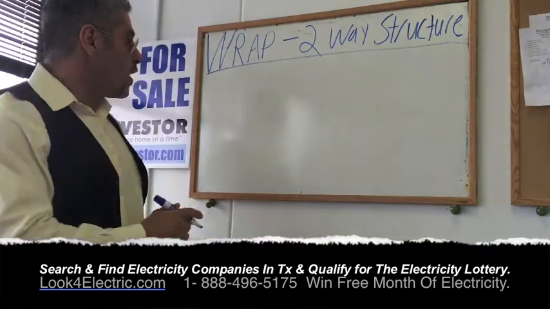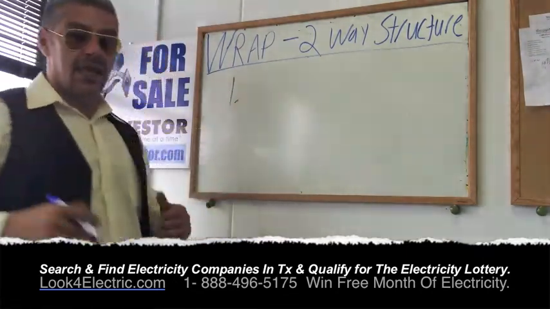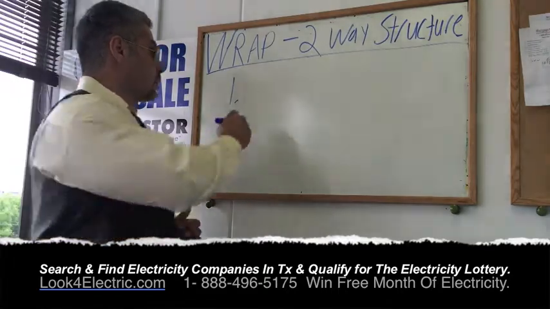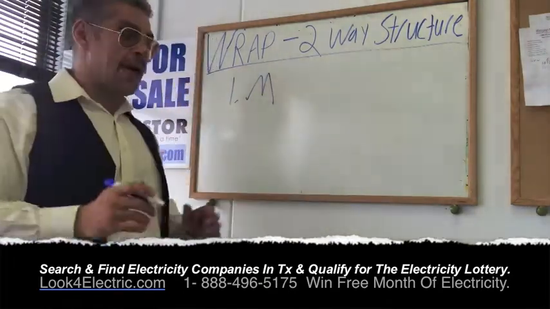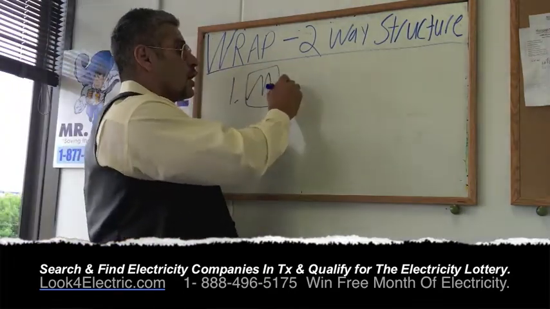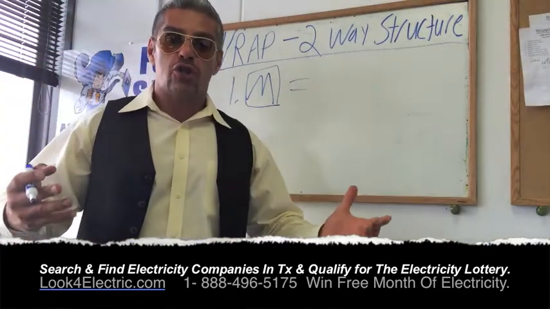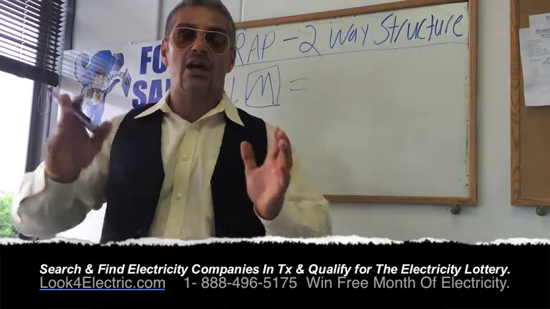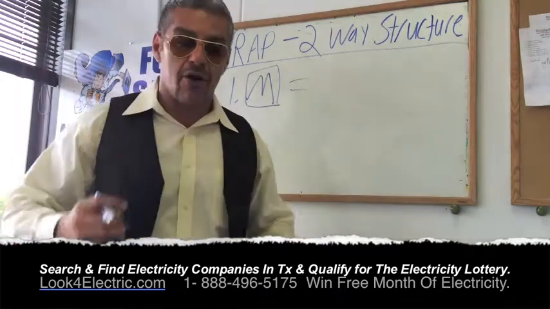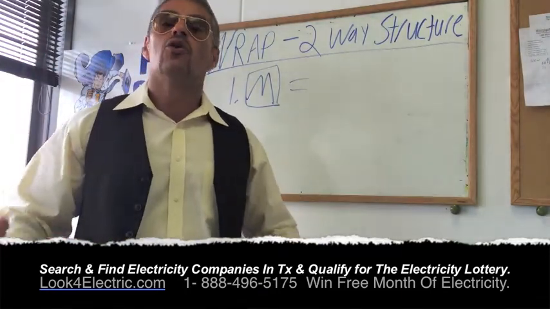The number one way to structure a wrap is called a mirror, and I'm just going to put M. In a mirror transaction, you exactly copy the seller's underlying note.